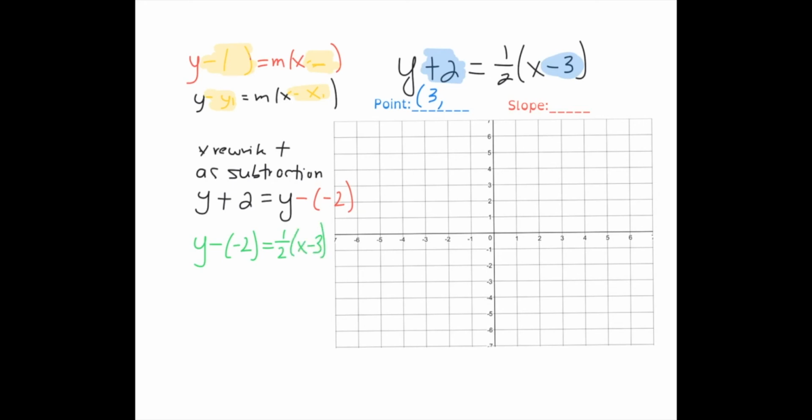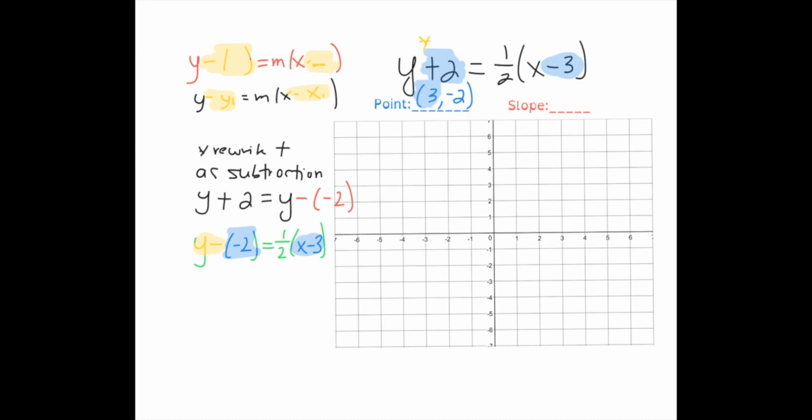So when it's rewritten like this, again, I can still clearly see that there is a number being subtracted from x over here, which is why the x coordinate is just a 3, because the number 3 is being subtracted. But now, what number is being subtracted from y? Well, the number that's being subtracted from y is a negative 2. So our y coordinate on this is going to be a negative 2. So when we're graphing these, just pay particular attention.